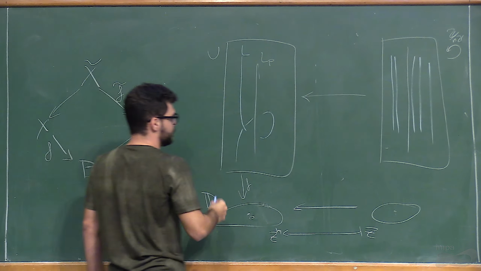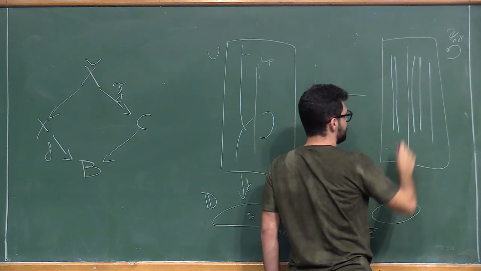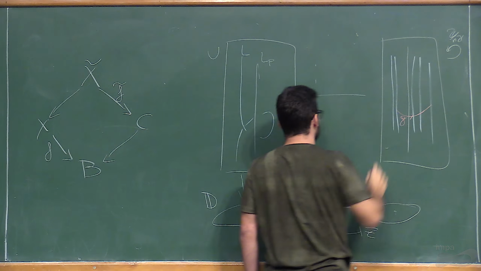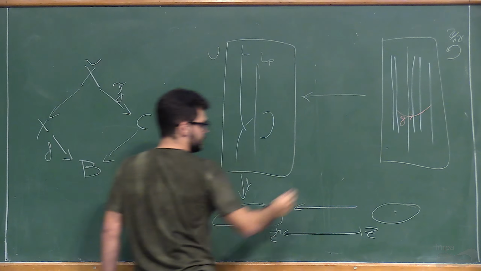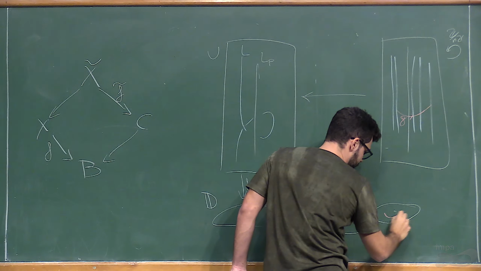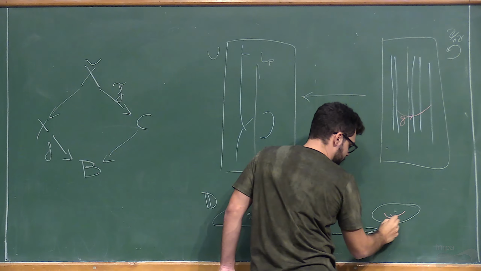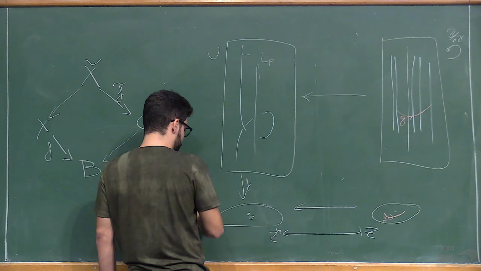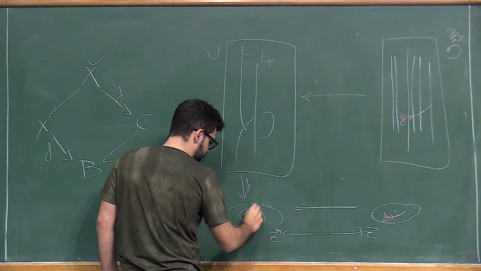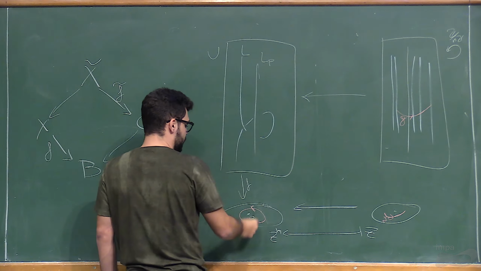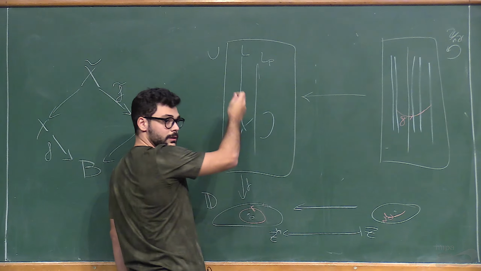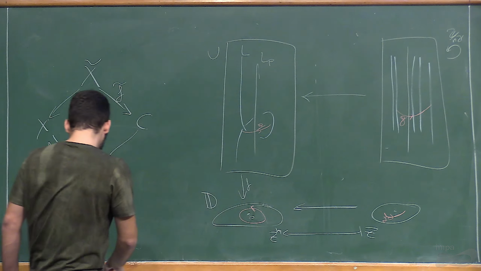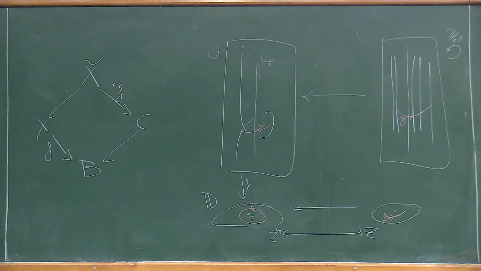And what is our map G? G is basically taking one of these leaves and going to another. It's permuting those leaves. And this corresponds to a non-closed path down here, which, when we go back to our initial base, becomes a loop. And when we see the corresponding deck transformation, it's exactly G. Okay.